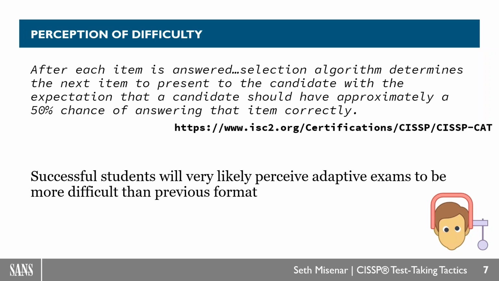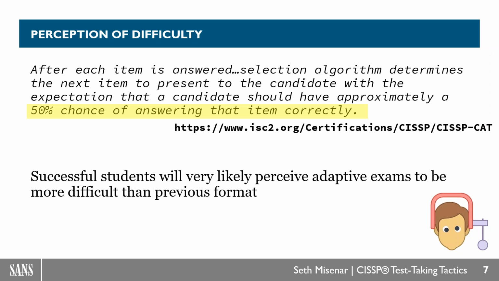Now, with the adaptive engine, the testing engine is going to present things dependent upon how you perform on each question. And this is really, really important to realize. It's going to try to give you a question that it thinks you have a 50-50 chance of getting right.